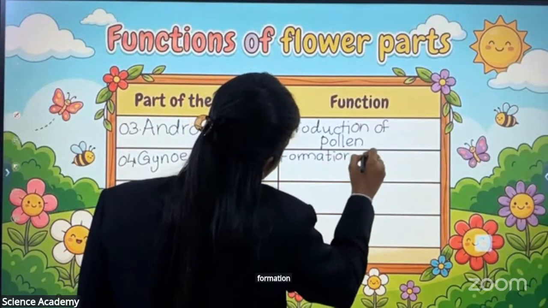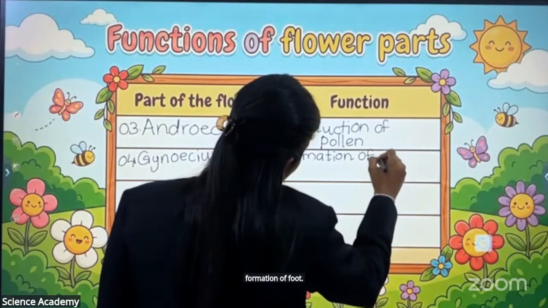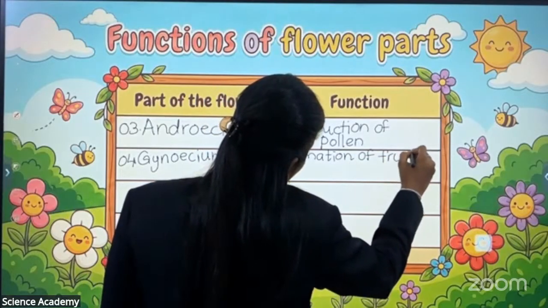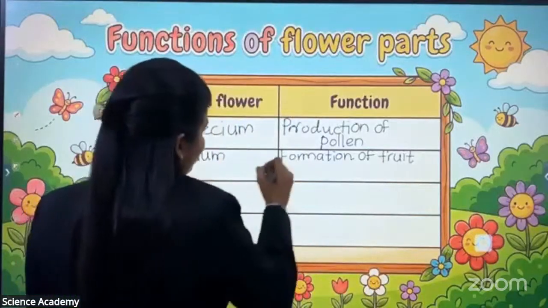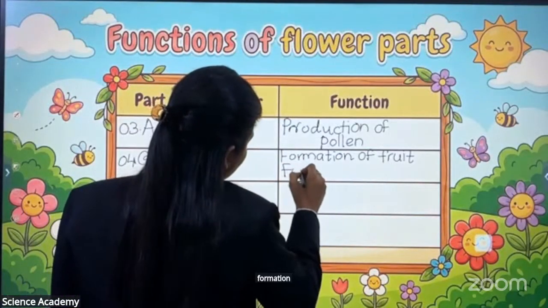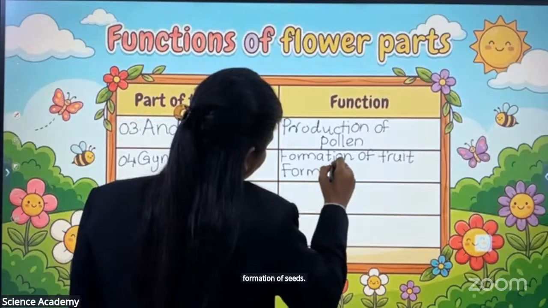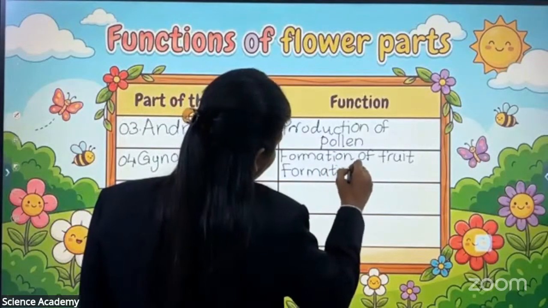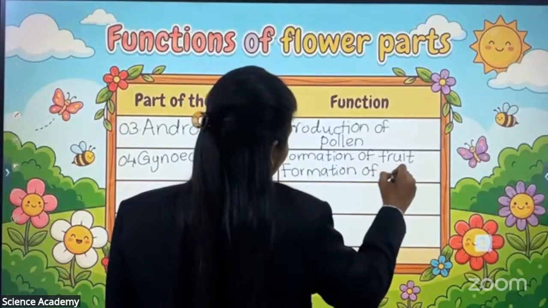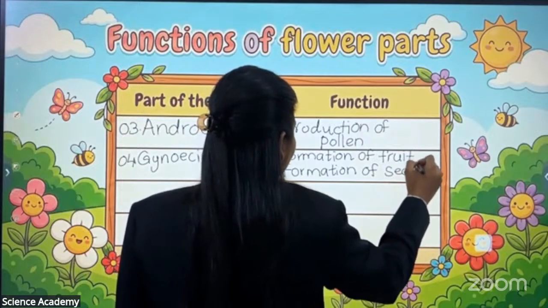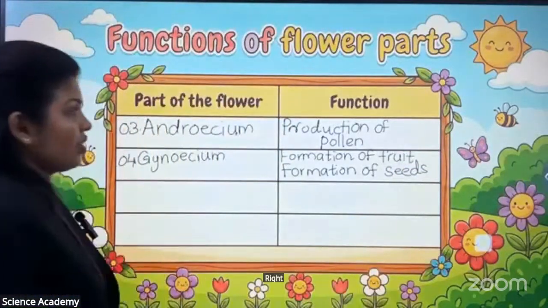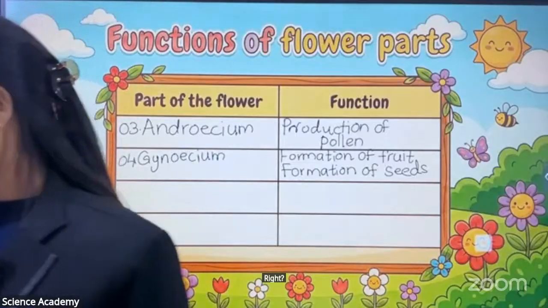Formation of fruit. Formation of seeds. Quickly write these functions also.